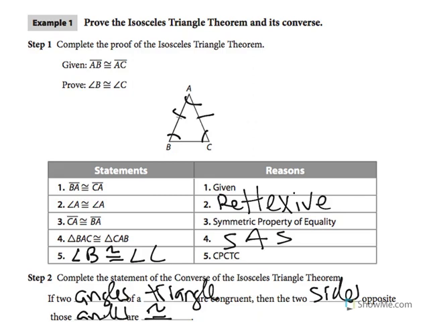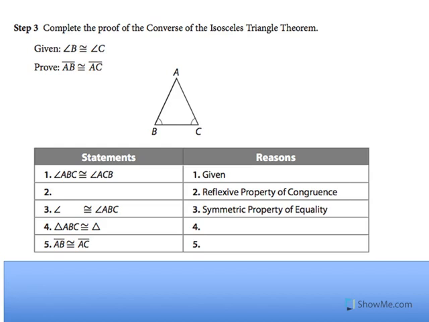Right? So here we're saying that if you're given a triangle, and we know that the two base angles are congruent, then we can say that the two sides are also congruent. Right, so here is the proof for it.